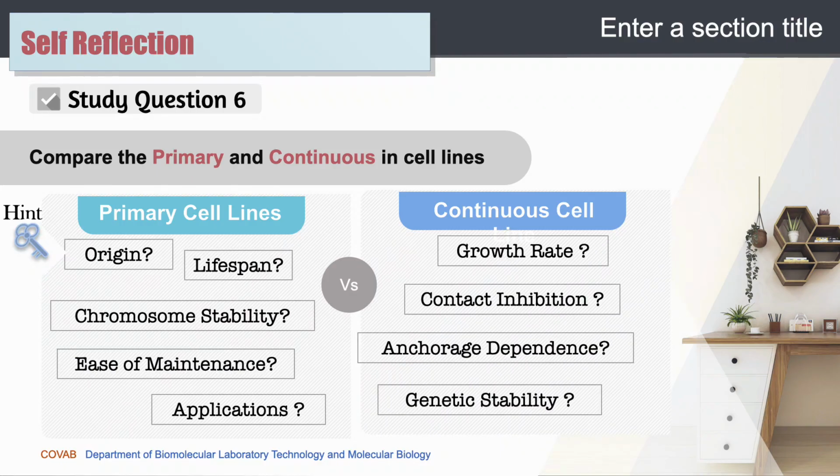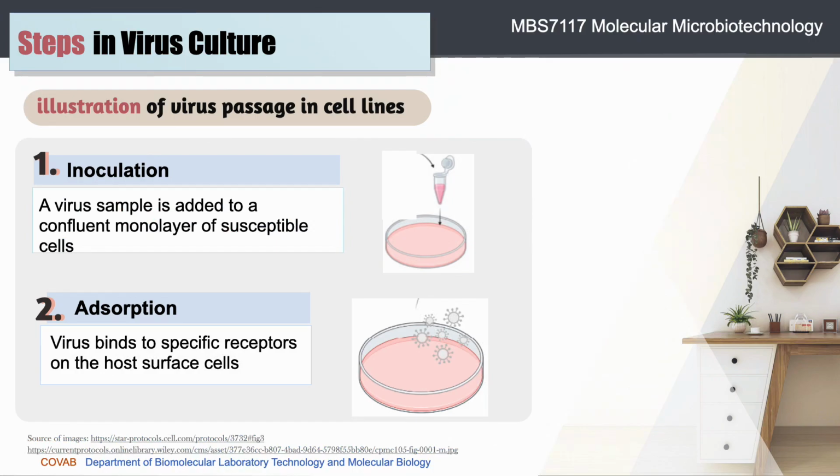Look at the origin, lifespan, chromosome stability, ease of maintenance, applications, growth rate, contact inhibition, carriage dependence, or genetic stability. And this would be typically a take-home exercise.